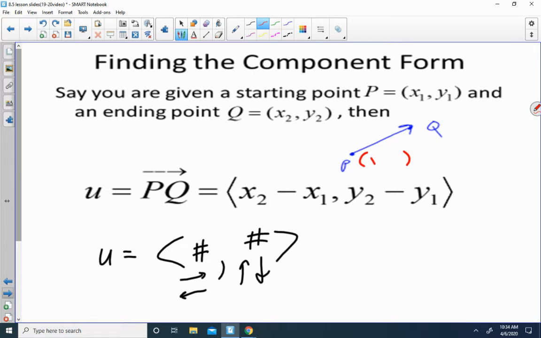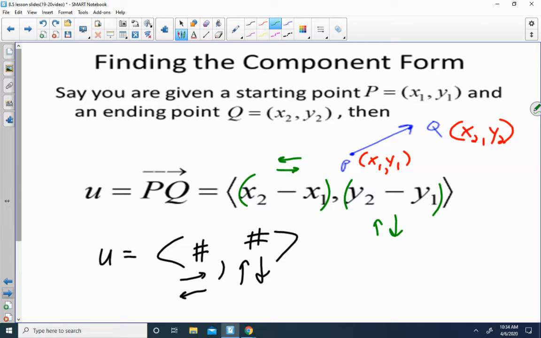Your starting point, you'll label x1, y1, and your ending point, you'll label x2, y2. Once you have those labeled, to find the component form, you first do x2 minus x1. That'll give you the left or right number. Then you do y2 minus y1, and that'll give you the number that tells you to go up or down.